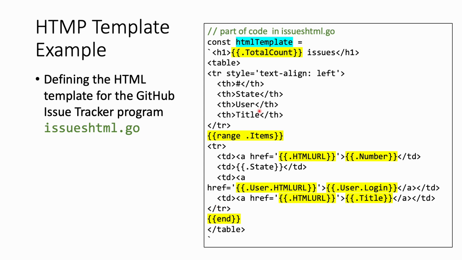The first row is the header with four columns for number, state, user, and title. Each row for each issue is enclosed in the pair of tr and slash tr tags inside the loop action. Recall that the pair of actions, range and end, creates a loop.